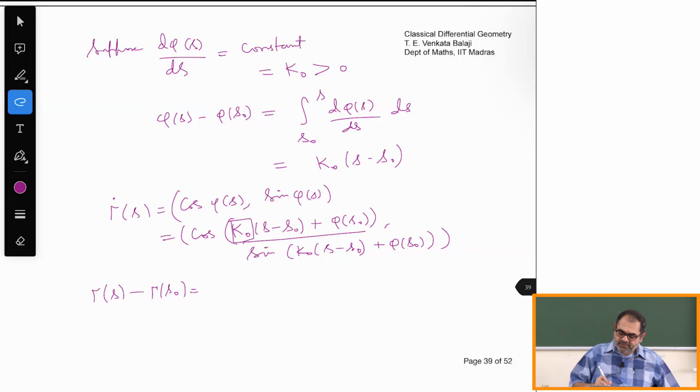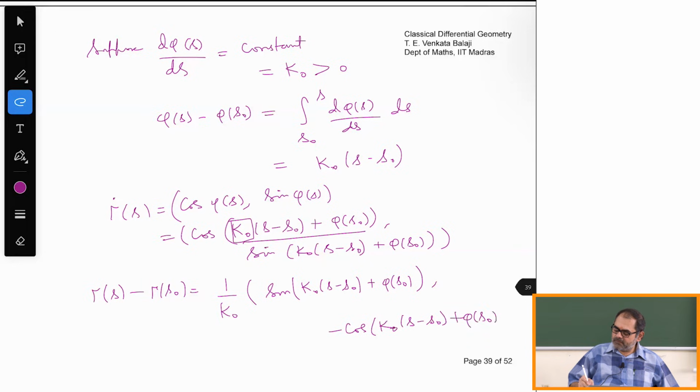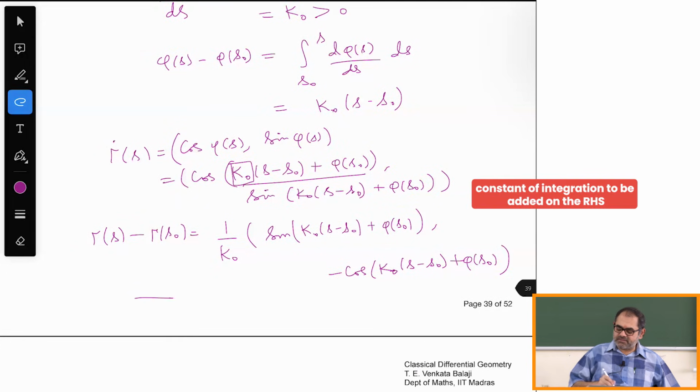So you will get 1 by k0, and the integral of cos is sine, so you will get sine of (k0 times (s minus s0) plus phi(s0)), and the integral of sine is minus cos. And guess what? This is actually a circle. So this is a circle being traversed in the anticlockwise sense with radius 1 by k0.